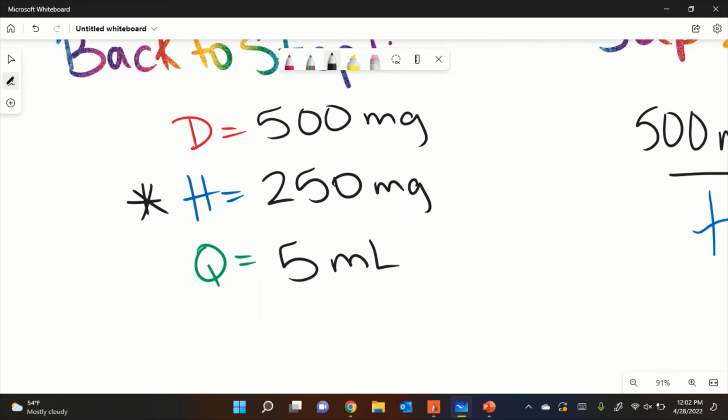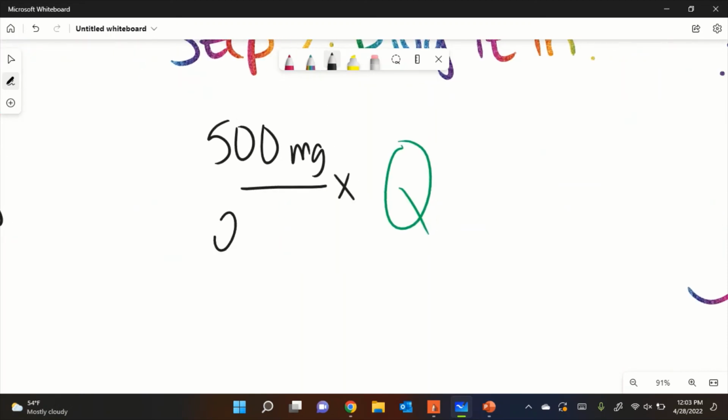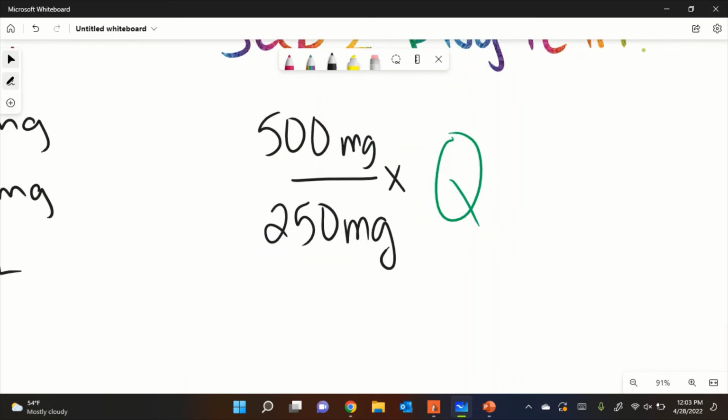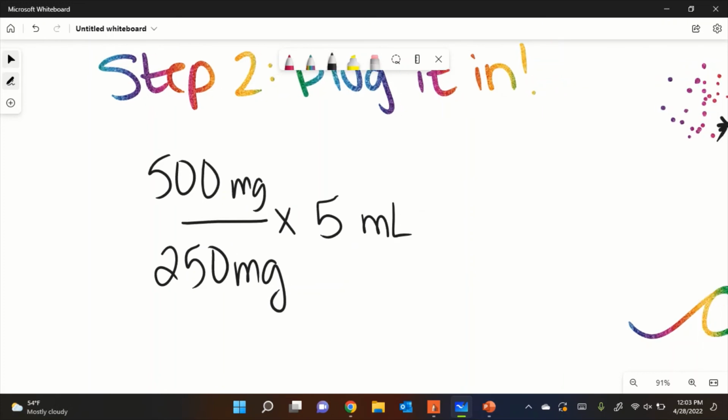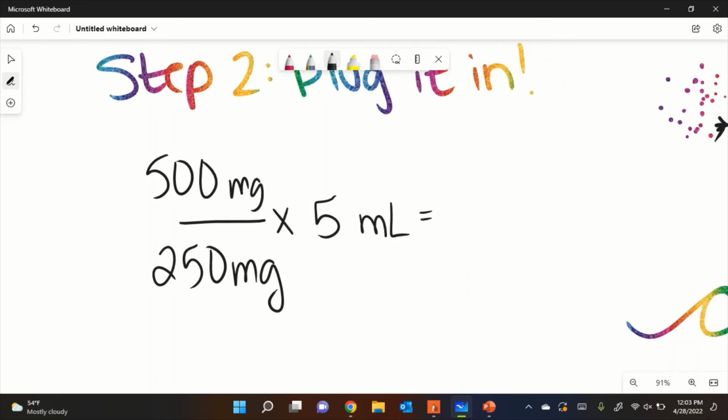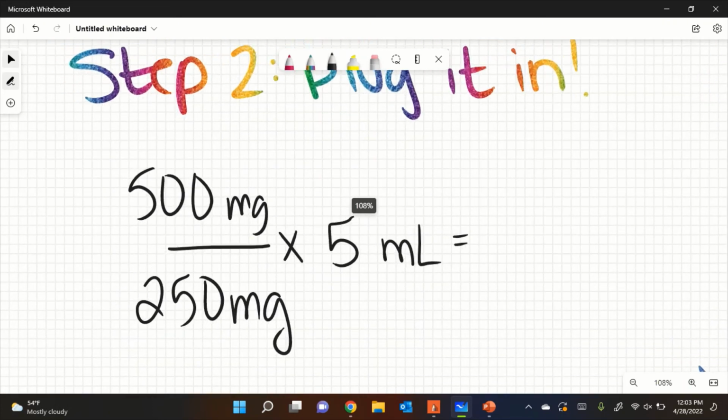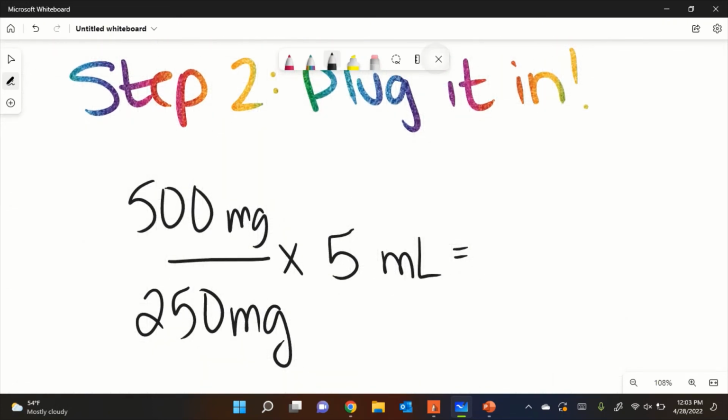H is 250 milligrams. And Q is 5 milliliters. So we're left with this equation.